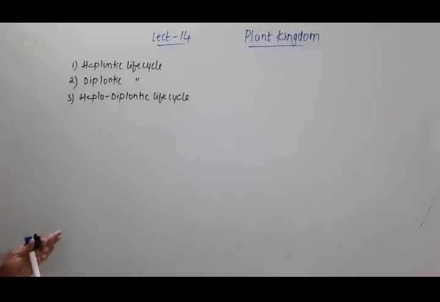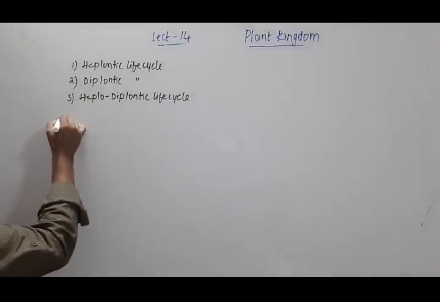So let's discuss which group of plants will exhibit a haplontic life cycle and what is a haplontic life cycle, and which group of plants exhibit a diplontic life cycle. We'll see about them. First, we shall discuss the haplontic life cycle.